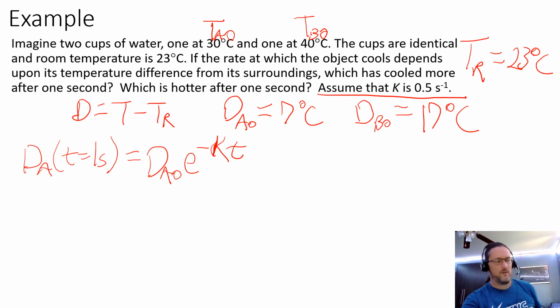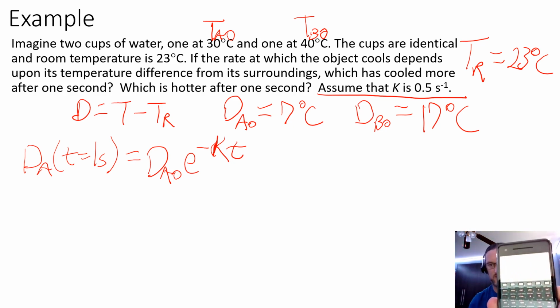So I'm going to get out my handy dandy phone calculator. I've got my HP calculator emulator on my phone. I'm going to use that d naught A, 7 degrees Celsius, and then get my exponential function. I'm going to calculate this real quick.